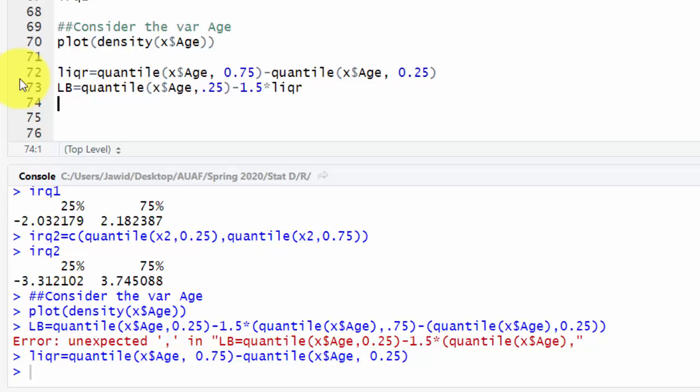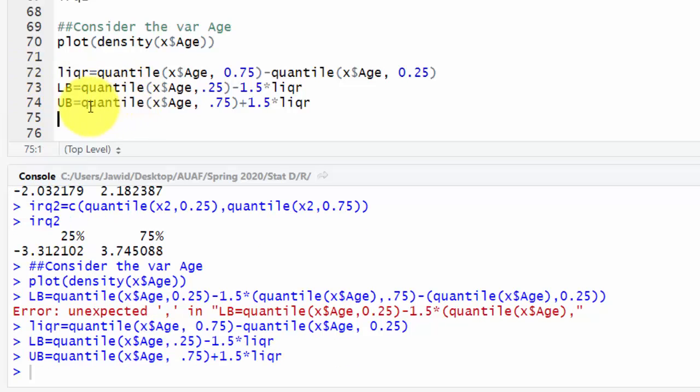And the upper bound is quantile xh 0.75 plus 1.5 times this range, this IQR. Okay, these are the lower bound and upper bound of the interval which does not contain outlying values.